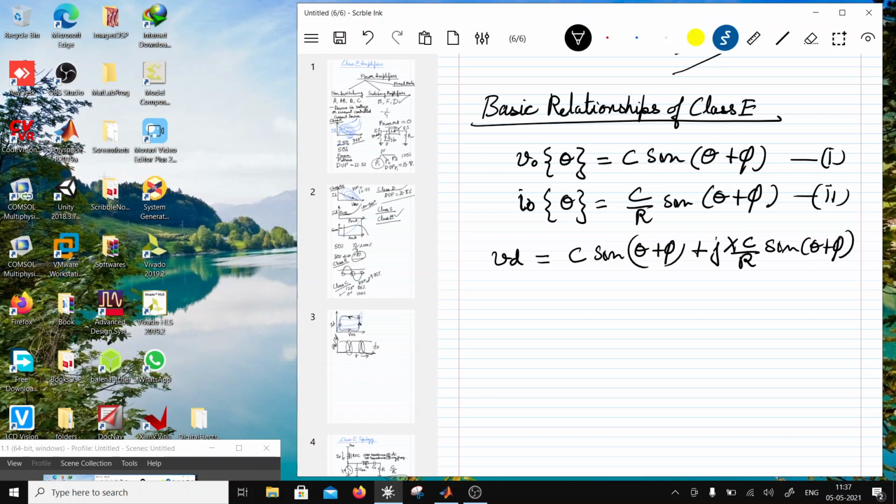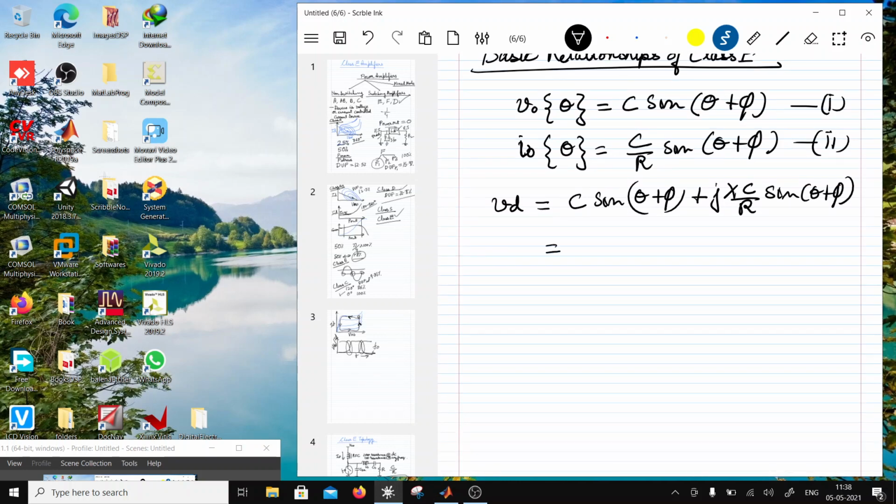Now if I absorb this j into this, then it will become cos, right? So we will have C sine of theta plus phi plus x C by R, sorry, cos of theta plus phi, because I have absorbed j into this. Okay, so this is going to be Vd, which is a function of theta.